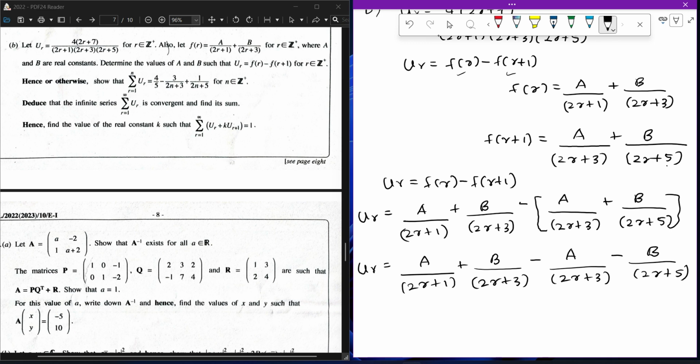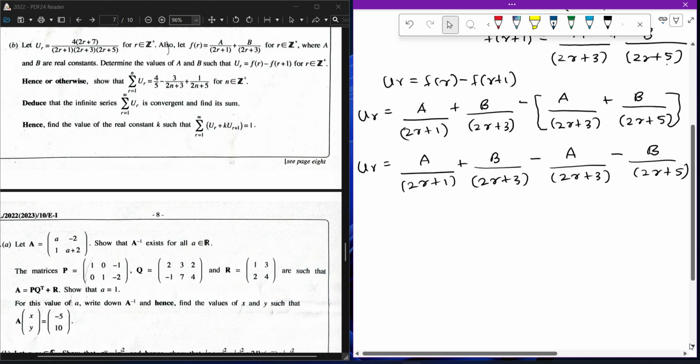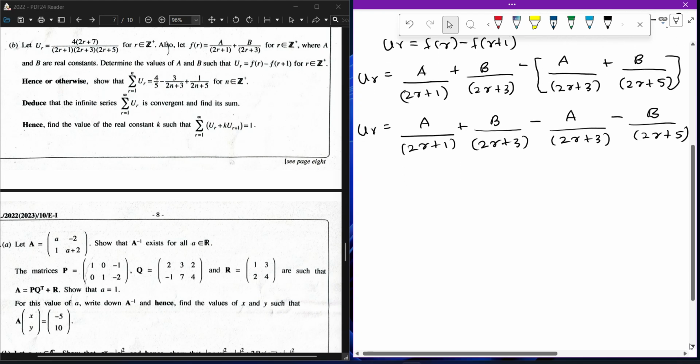Once you have done that, we can substitute this u_r and get a single expression. Because I had less space, I ignored the u_r expression. Now I'd better write it down.